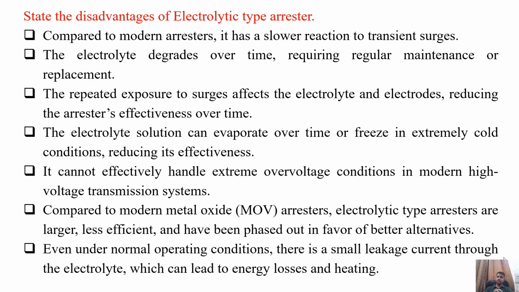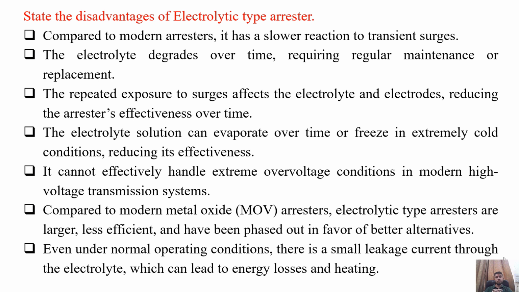State the disadvantages of electrolytic type arrestor. So, there are several disadvantages as these were some ancient type of arrestor which were used in early days. Compared to the modern arrestors, it has a slower reaction to transient surges. The electrolyte degrades over time, requiring regular maintenance or replacement.